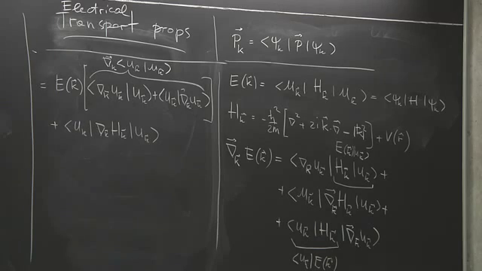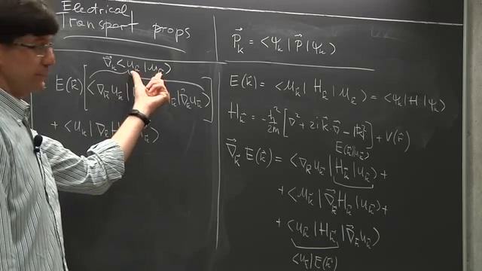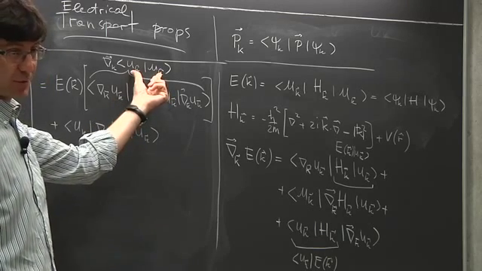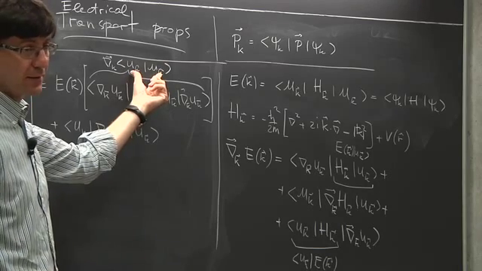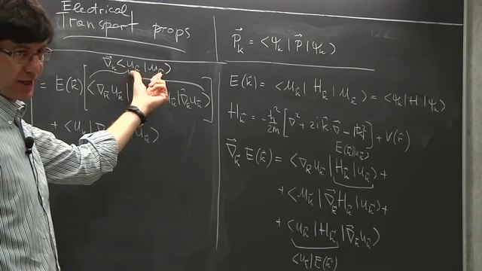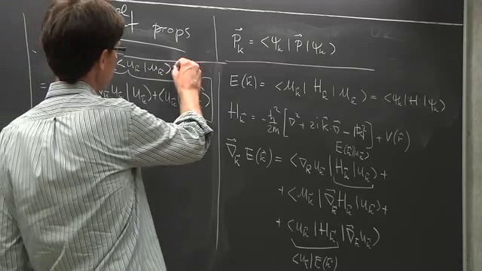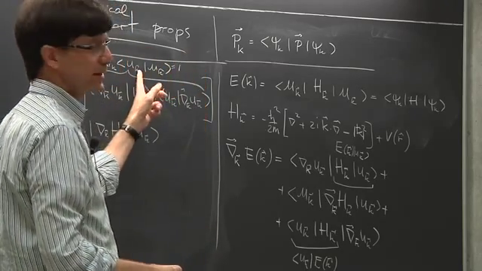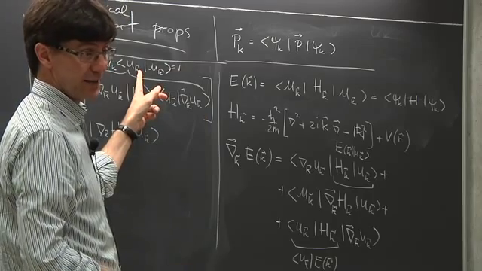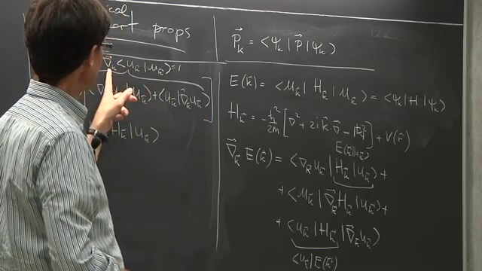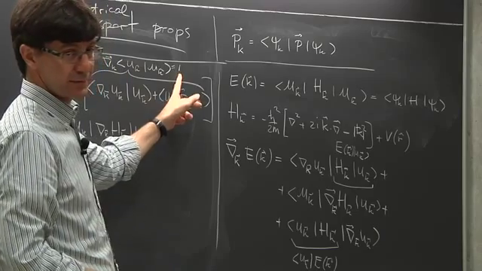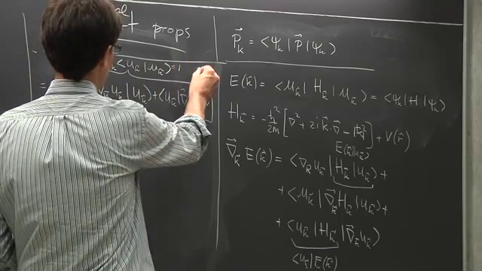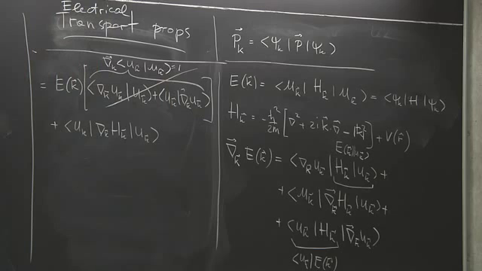But the inner product of u of k with u of k, if the wave functions are normalized properly, is 1 regardless of the value of k. Right? So this thing here is 1, independent of k if they are normalized properly. So the gradient of something which is always 1 is 0. So all this disappears.